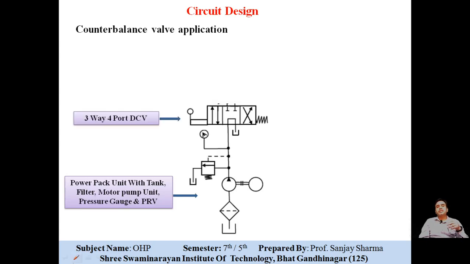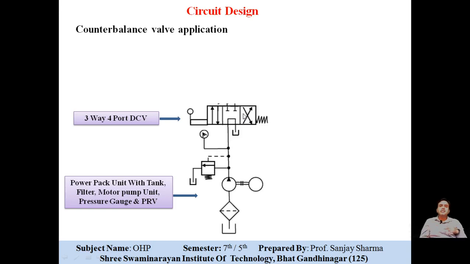The next one is again during designing. Right now we have taken 3-way 4-port direction control valve into consideration. Again I tell you friends, why it is termed as 3-way 4-port, because if you see here, this is position 1, position 2 and position 3: parallel flow, no flow and cross flow.